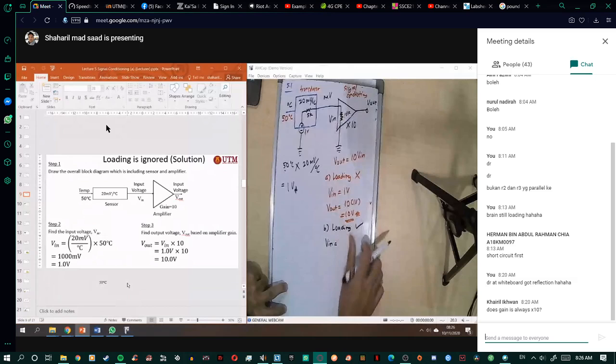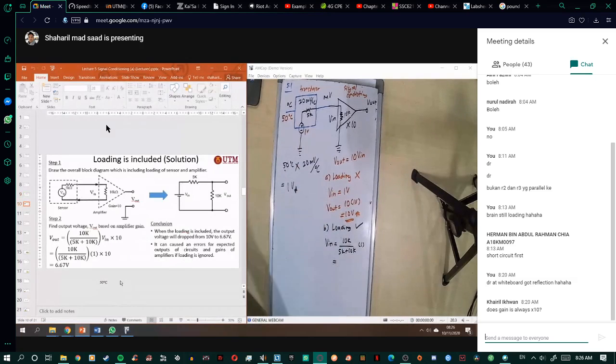So 10K divided by 5K plus 10K, times 1 volt. Now you get 0.67 volt, and then V out is 10 times 0.67. Now you get 6.67, about 6.7 volt.